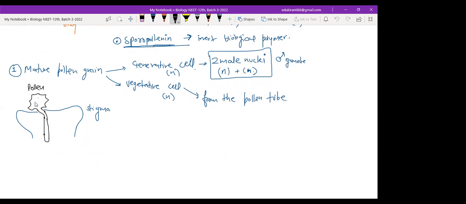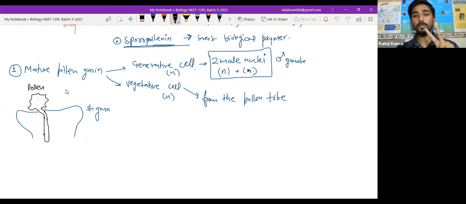Now, inside the pollen there have to be two nuclei, but because the pollen tube is forming, now there are three nuclei. In front, there is one nucleus which leads in the pollen tube.